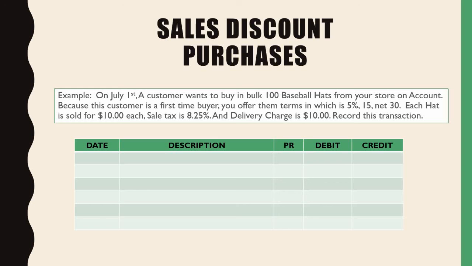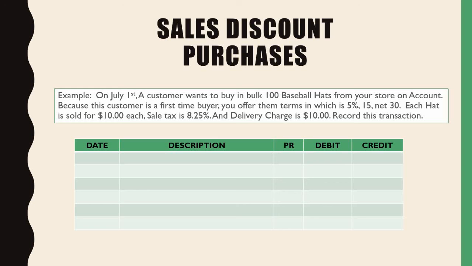So in this example here, on July 1st, a customer wants to buy in bulk, okay? They want to buy 100 baseball hats, which again, the store sells at $10 each, remember? And this person wants to buy it on an account, okay?